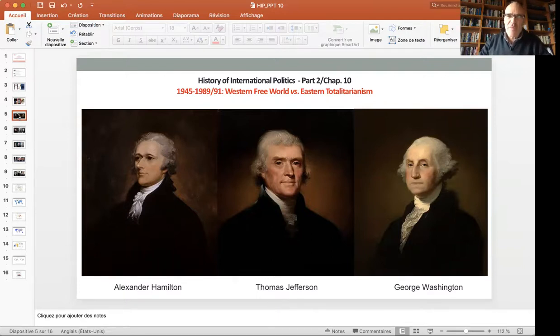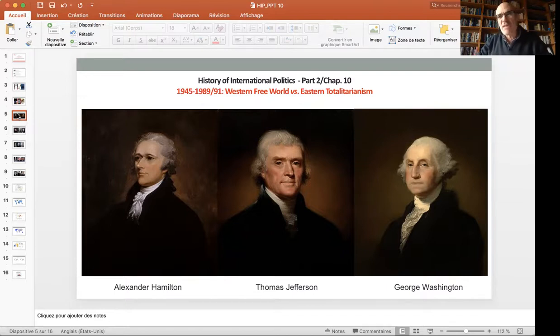Hamilton first, one of the three Federalists, one of the three authors of the so-called Federalist Papers, favorable to America becoming a federation. This happened in 1787 when the 13 former British colonies that had become independent in 1776 accepted the Federal Constitution.